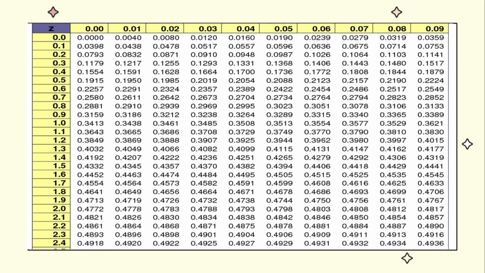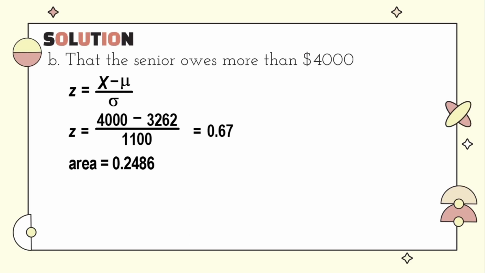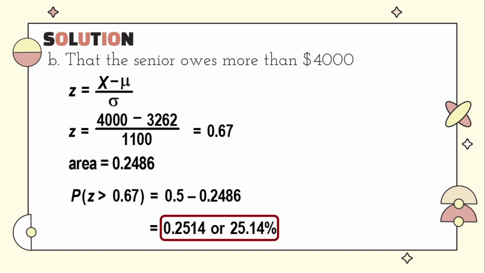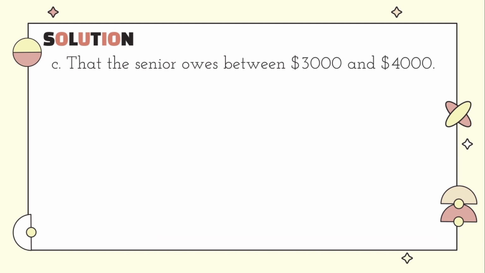The next step is to find the appropriate area in our table. The area of 0.67 is 0.2486, and we will subtract that from 0.5. Therefore, the probability that the senior owes more than $4,000 is 25.14%.